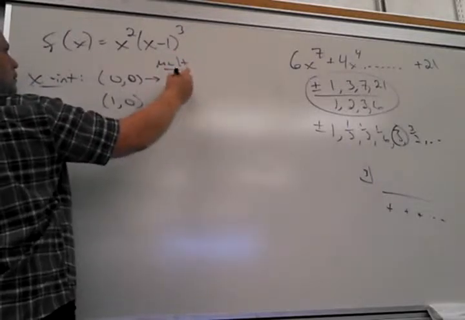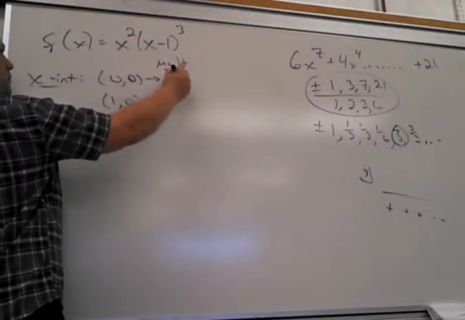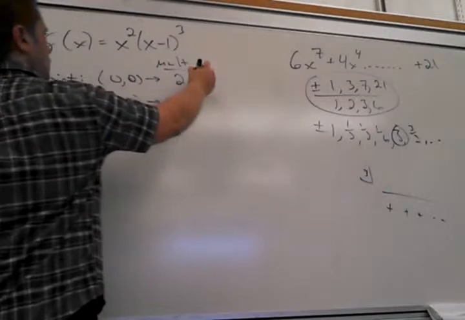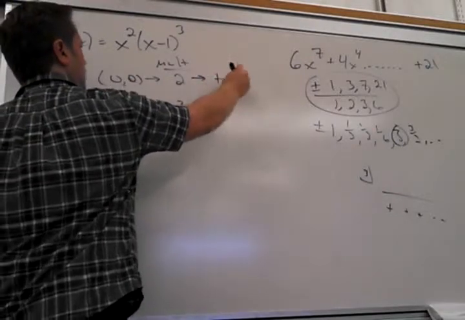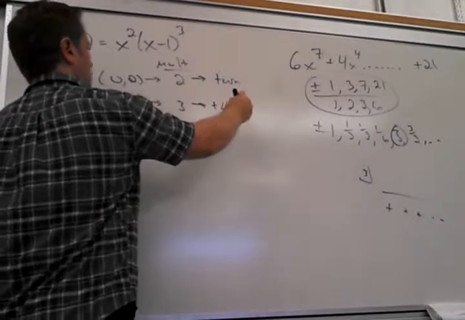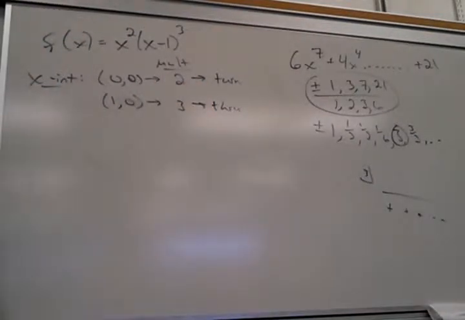At 0, twice. At 1, 3 times. So what's it going to do at this one? Turn, like a parabola, because that's what a squared thing does. And this one is going to go through. So if it's an even multiplicity, it's going to turn like a parabola would. Odd multiplicity is going to go through like a cube would, right?